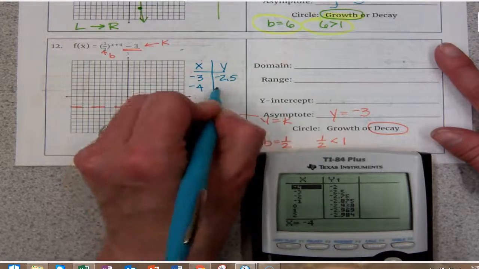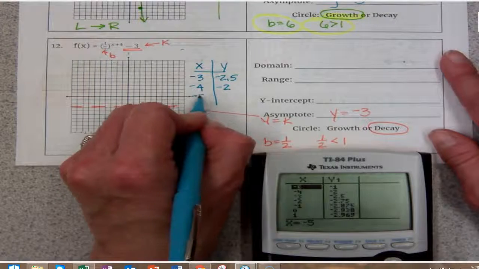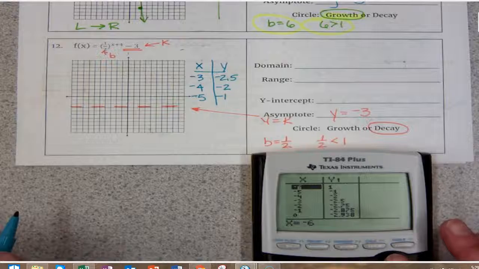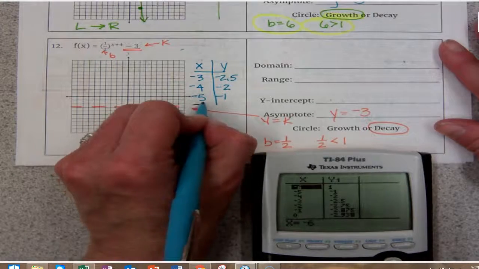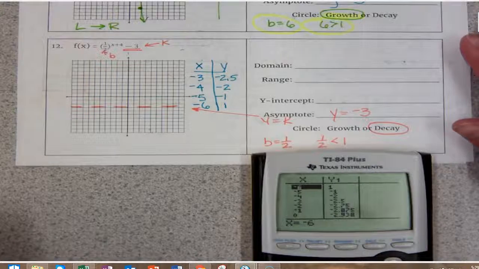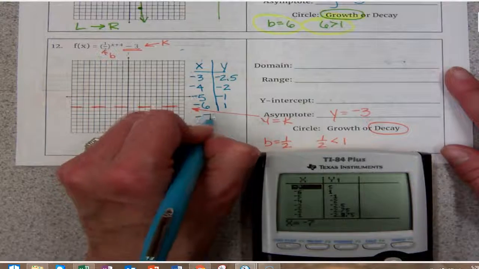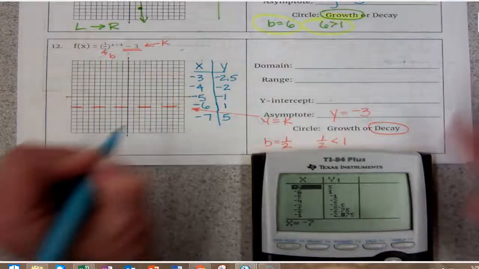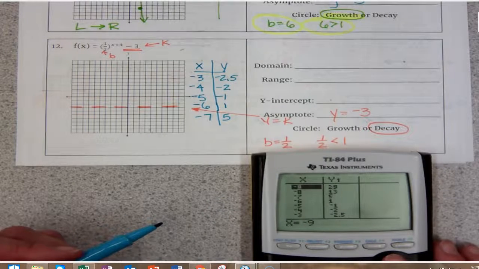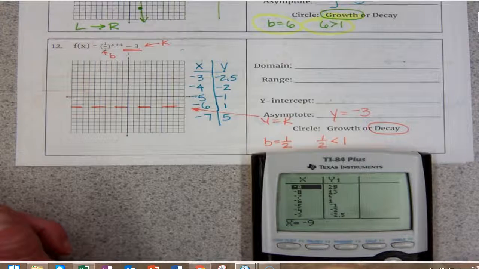At -4, I've got -2, that's certainly helpful. -5, I've got -1. And then I've got -6, 1, right? And -7 is 5. Now it's going to just start increasing, getting bigger and bigger. So at least I've got some good numbers right here that I can work with.